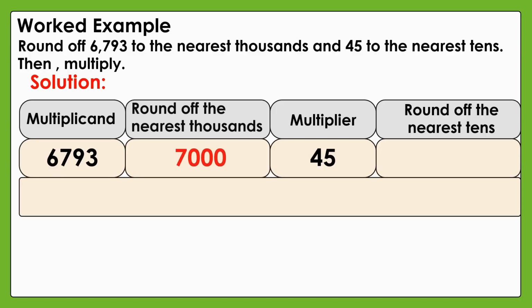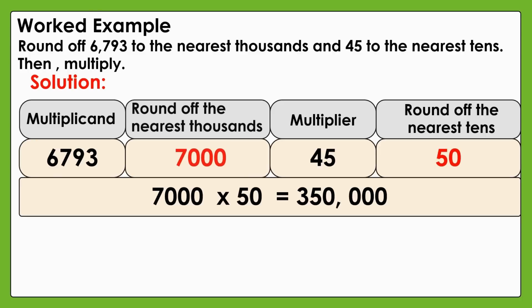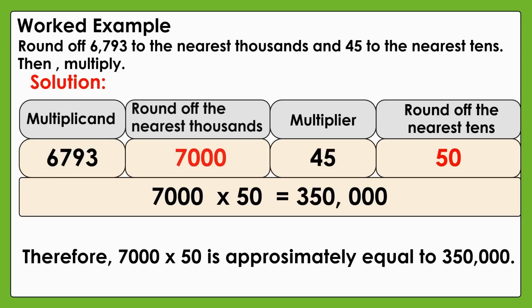Round off to the nearest tens, 50. 7,000 times 50 is equal to 350,000. Therefore, 6,793 times 45 is approximately equal to 350,000.